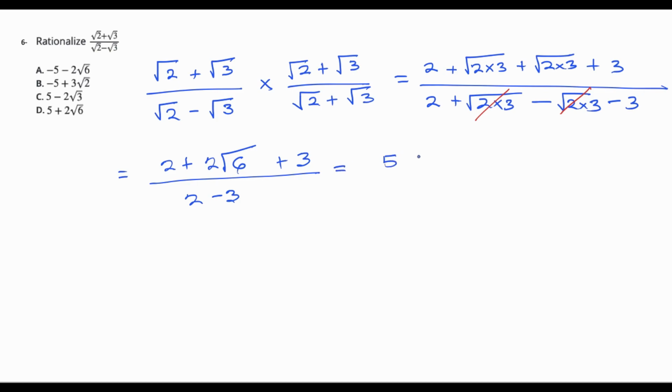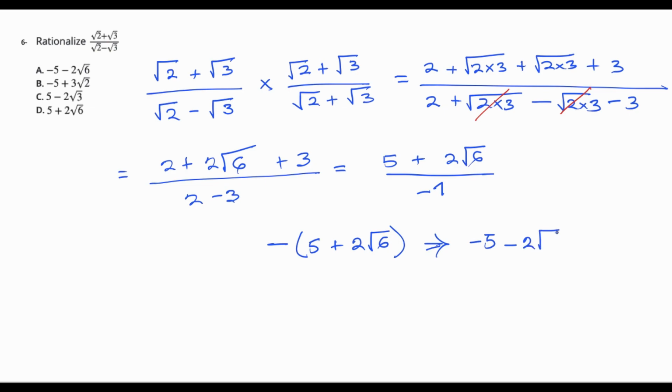So we have 5 plus 2 root 6, all divided by minus 1. Now, obviously, anything divided by minus 1 is equal to minus whatever it is. So that's going to be minus, 5 plus 2 root 6. And that will be equal to minus 5 minus 2 root 6. So our answer is A.